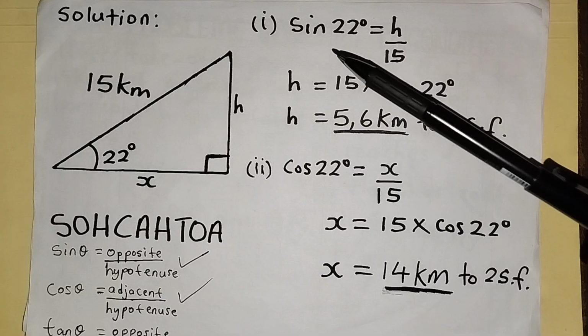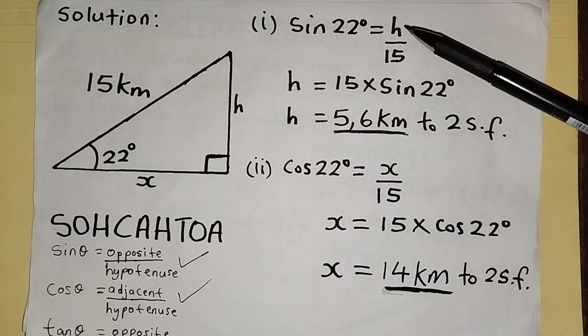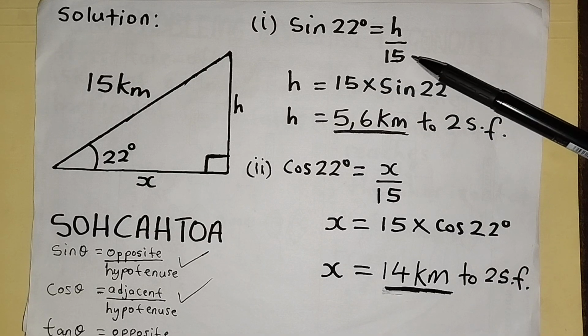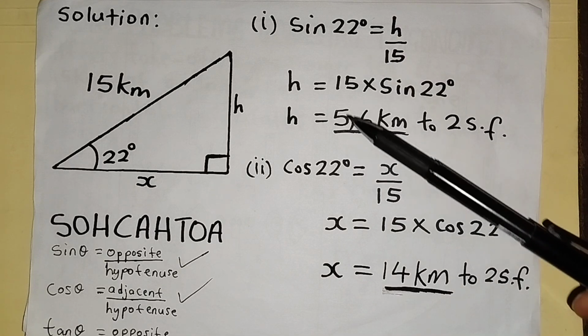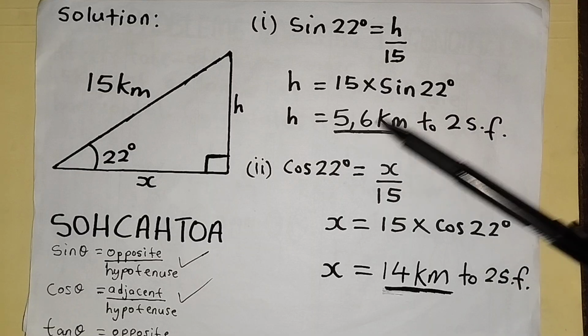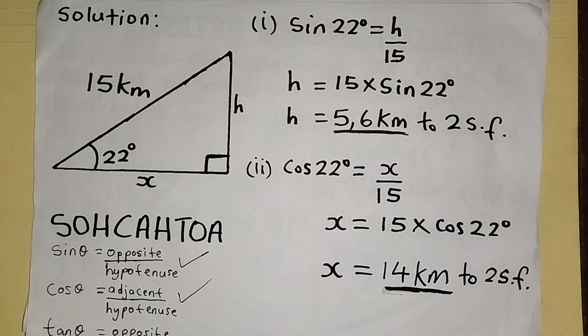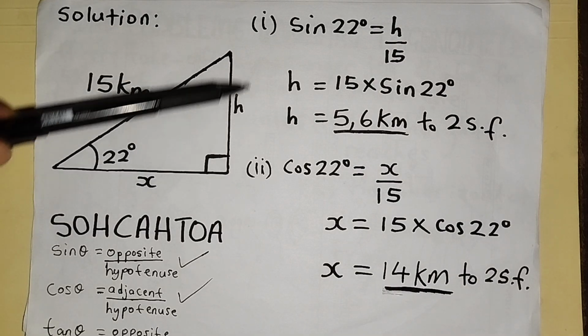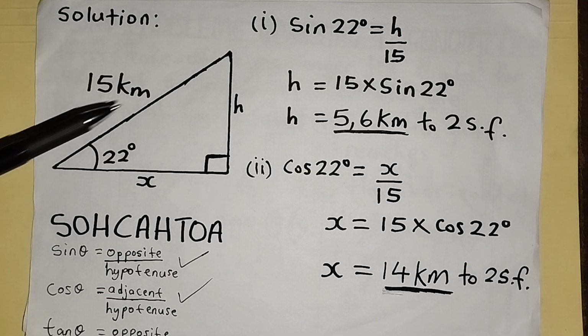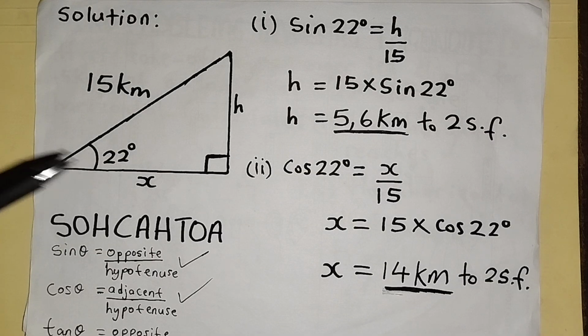So sine 22 degrees equals opposite side H over hypotenuse of 15. Okay, when you cross multiply, 15 multiplied by sine 22 degrees, our H or our height is 5.6 kilometers to two significant figures. So the jet reached a height of 5.6 kilometers after traveling for 15 kilometers at an angle of 22 degrees to the horizontal ground.